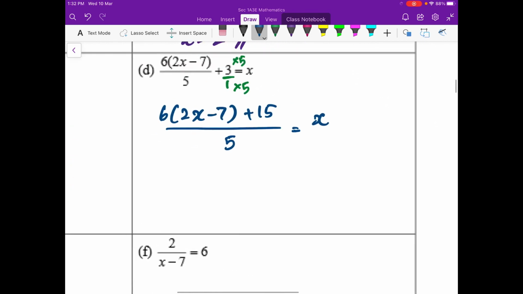And the next step, we can now expand. At the same time, I can multiply by 5 on both sides to remove the denominator. So 12x minus 42 plus 15 equals 5x. So two steps combined into one.